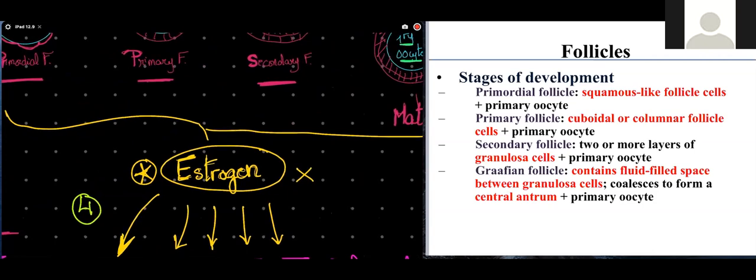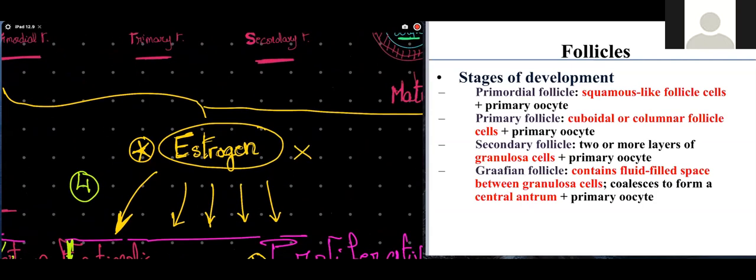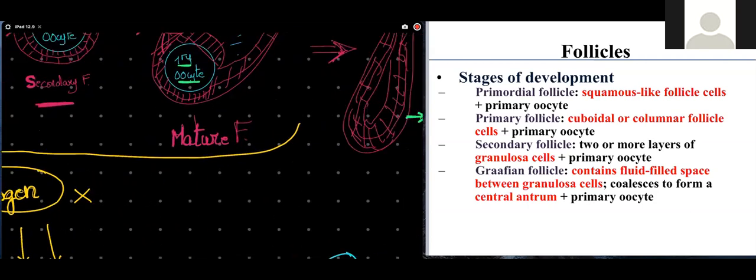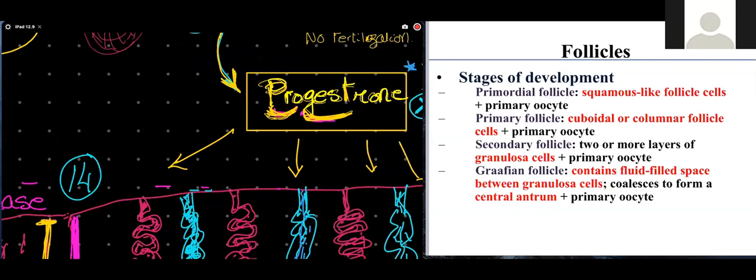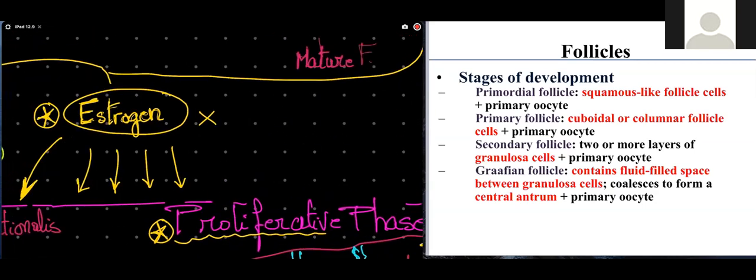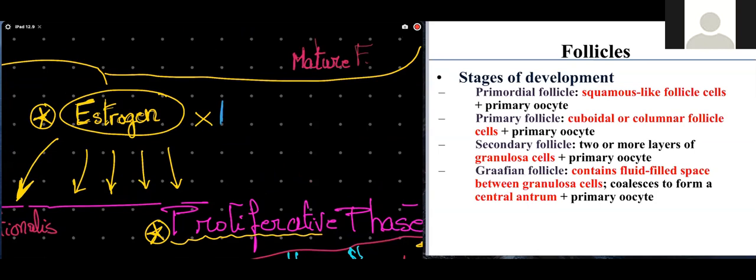So at this point, what is going on in the ovary? What ovarian hormone am I releasing? If I'm degenerating the corpus luteum, I have a major decline in the progesterone levels, and the progesterone was already decreasing the estrogen levels because I don't have growing follicles which are producing the estrogen.